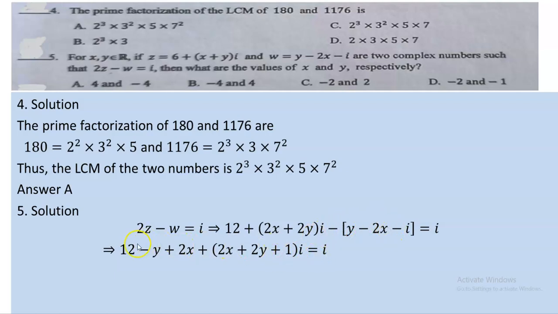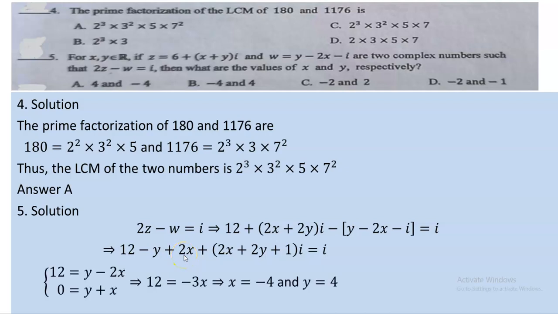Now students, you are equating, you see, two complex numbers. So the real parts must agree and the imaginary parts must agree too. So the imaginary part for this one is 1, so this 2x plus 2y plus 1 must be 1. And the real part for the right side is 0, so this 12 minus y plus 2x must be 0.